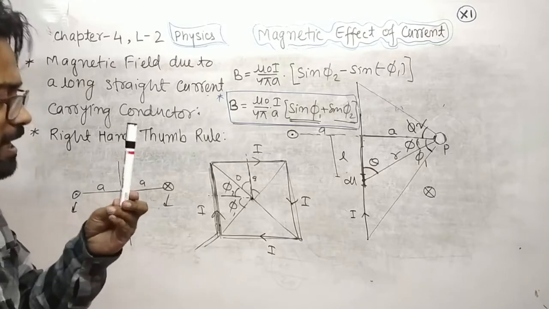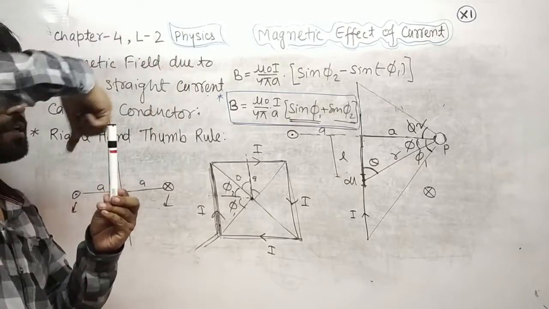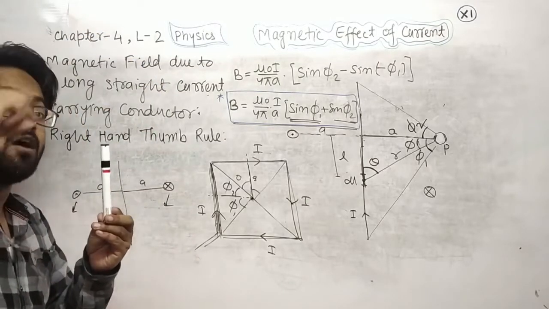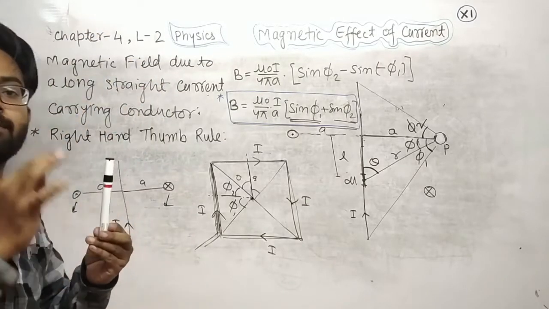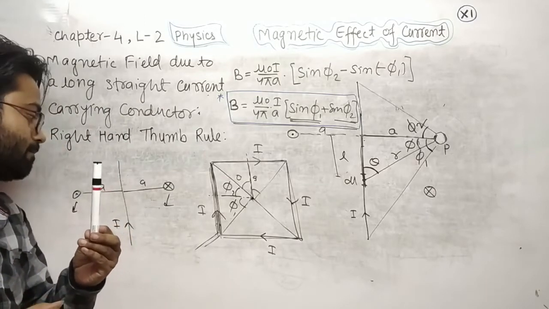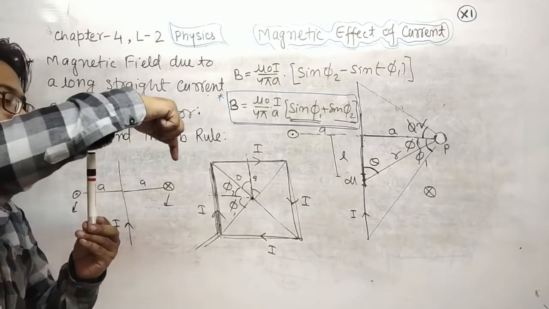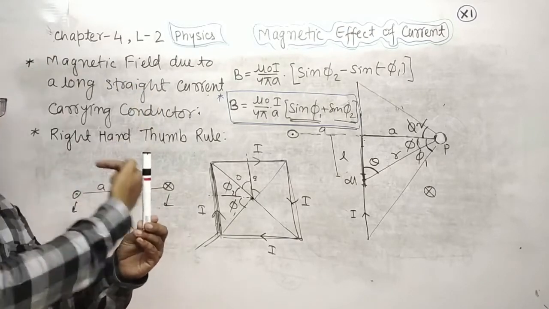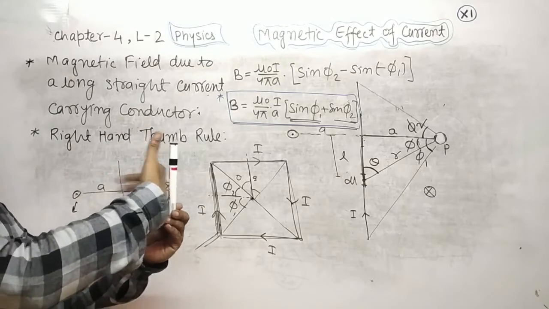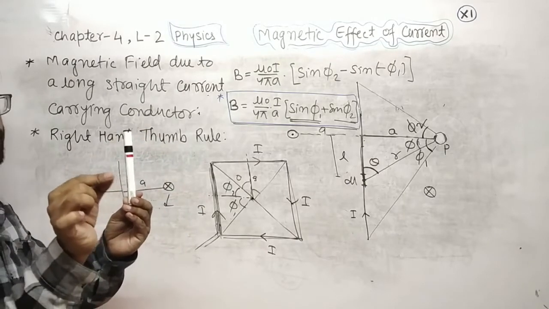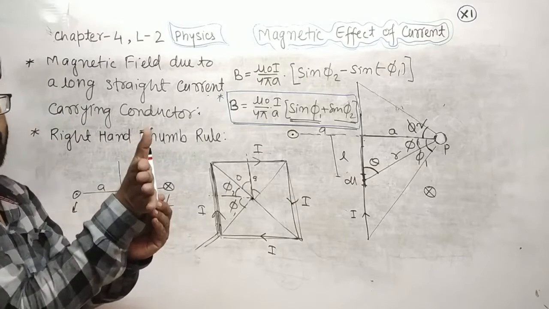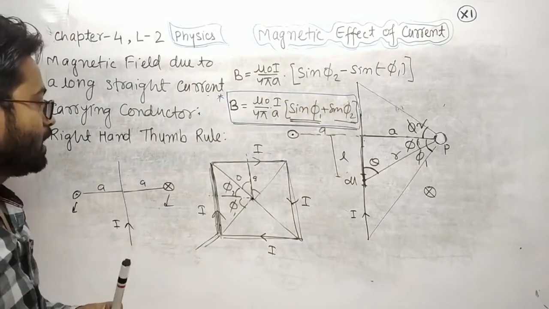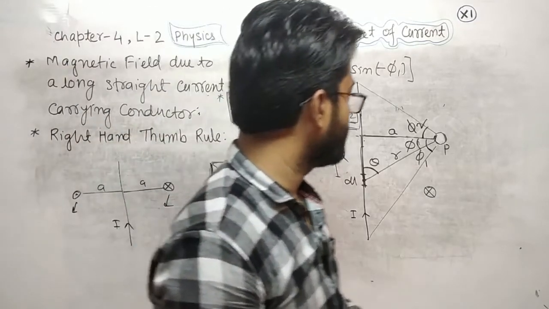If you take any point on the circle, it has the same distance, so the strength of the magnetic field at every point will be the same. The direction at the back point will be in this direction, and at the front point the direction will be in this direction, into the right hand direction. I hope you understand.